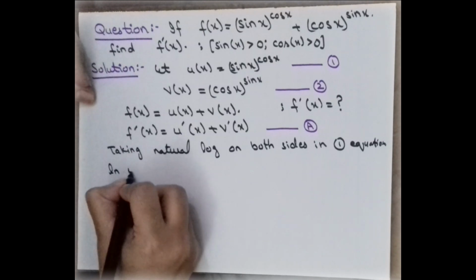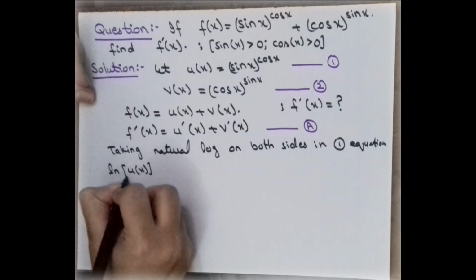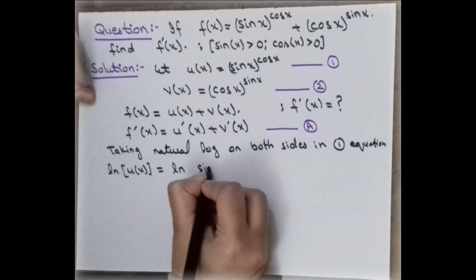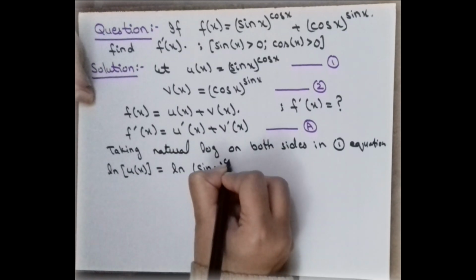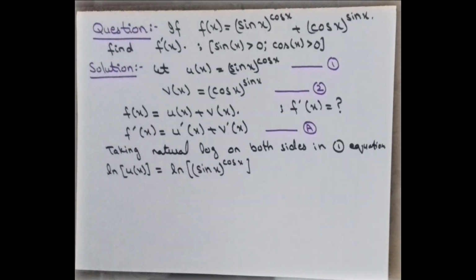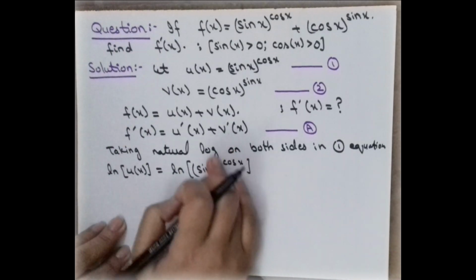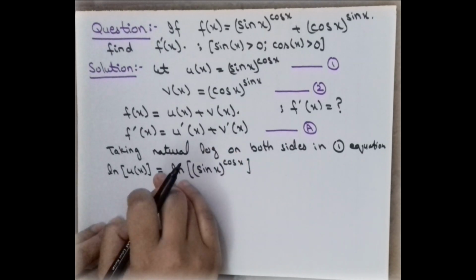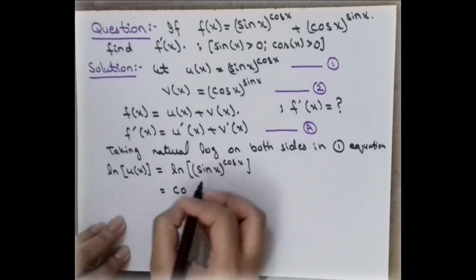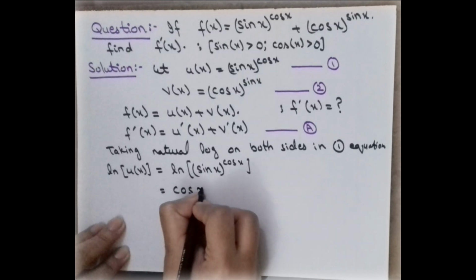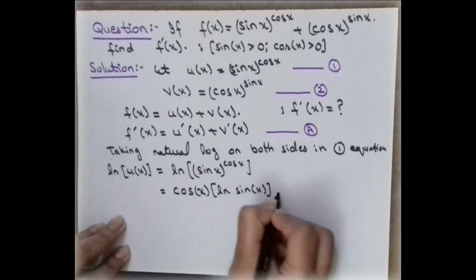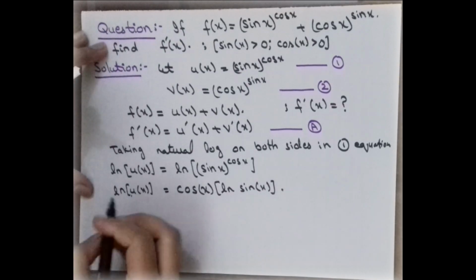So ln u of x equals ln of sin x power of cos x. Here, by the rule of the log function, the power can be multiplied outside, so we can write cos of x times ln of sin of x. Now we apply a derivative with respect to x on both sides.